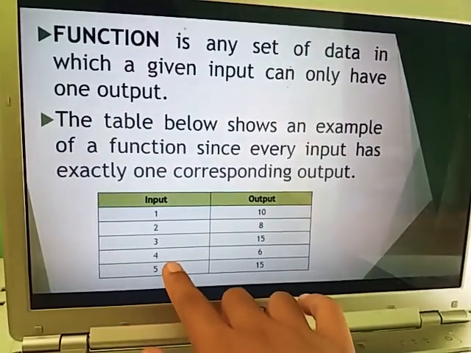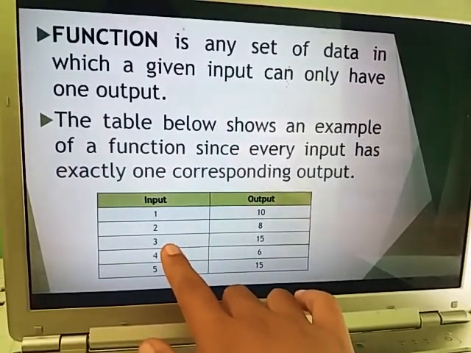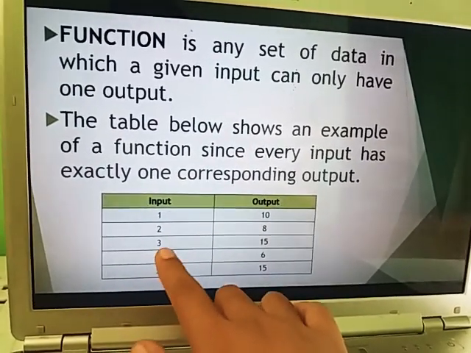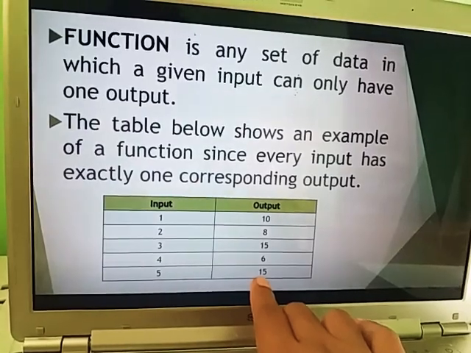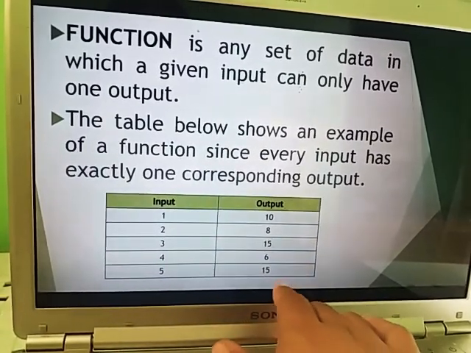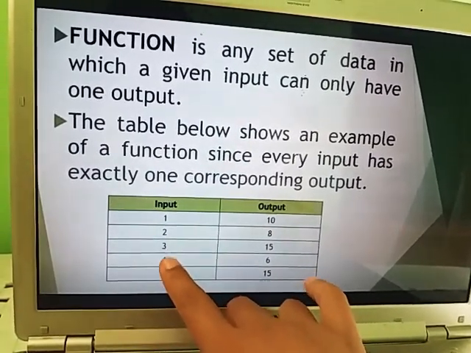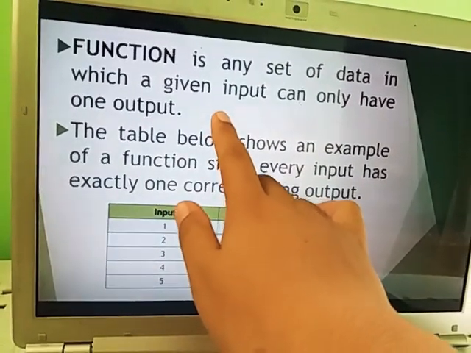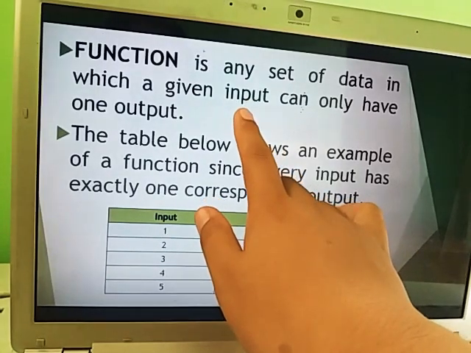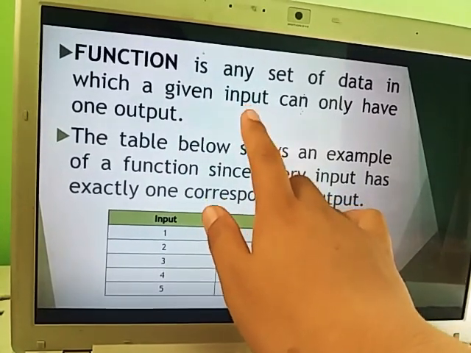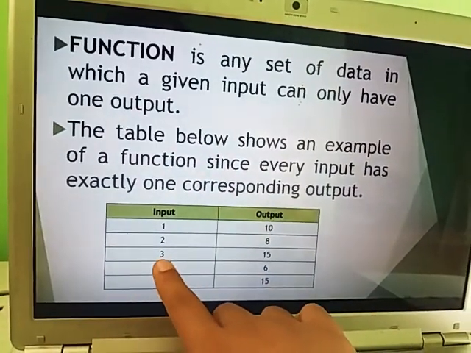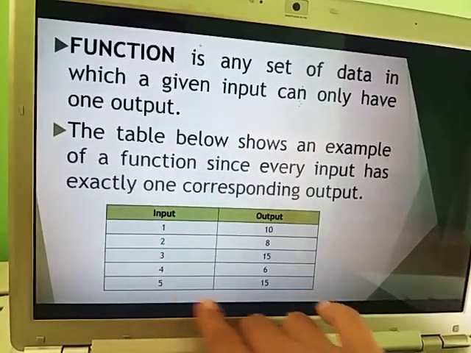So here, there are different inputs, which are 3 and 5, with a common output. Okay? So pwede siya. This is a function. Kasi magkaiba yung input pero iisa yung output. Ang sinasabi dito, dapat isang input, isa ding output. Tama naman, 3 to 15 and 5 to 15.